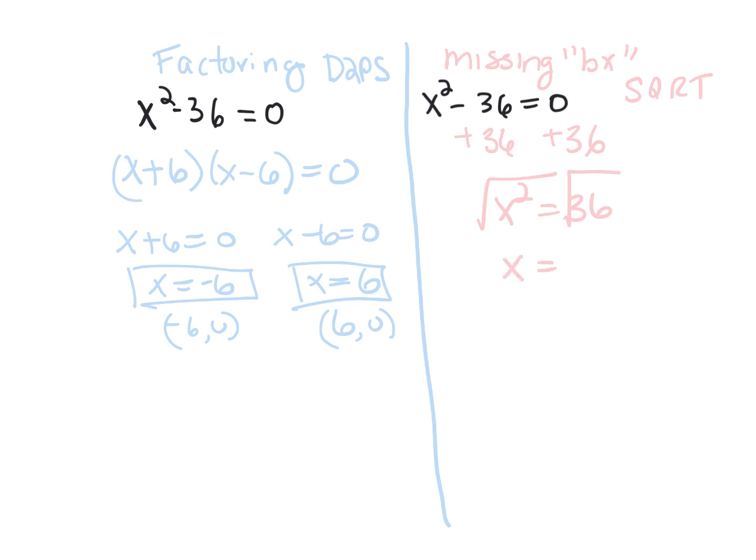And when I do, I get positive or negative 6, which notice is the exact same answers that I got by using the factoring method. Okay, so there might be certain problems in which it's going to be a judgment call as to which method that you want to use.